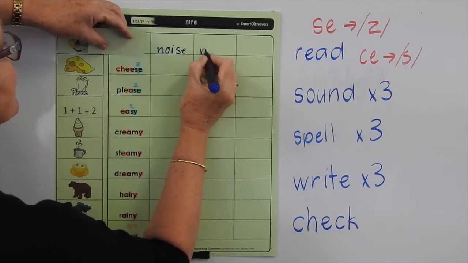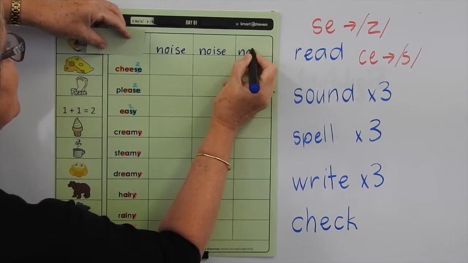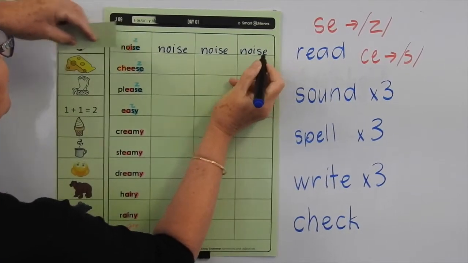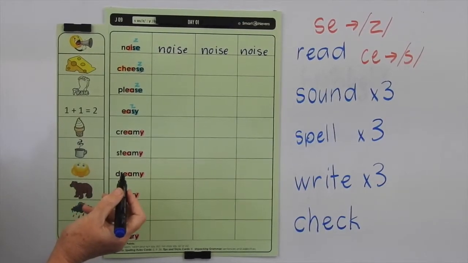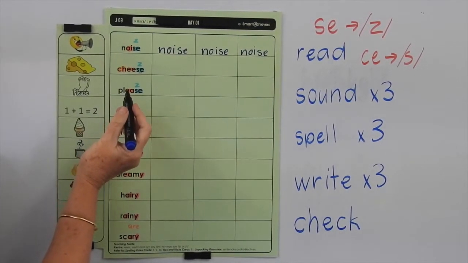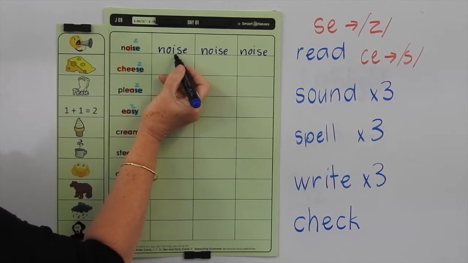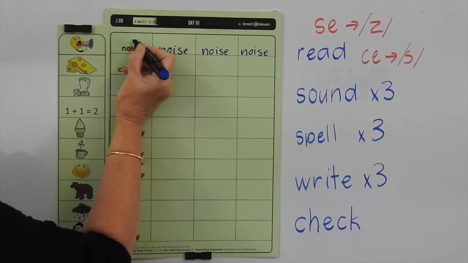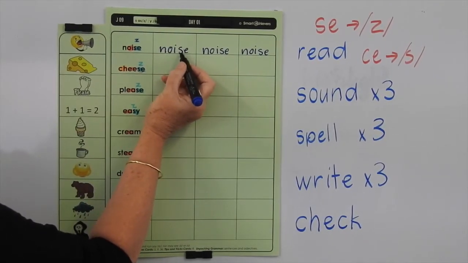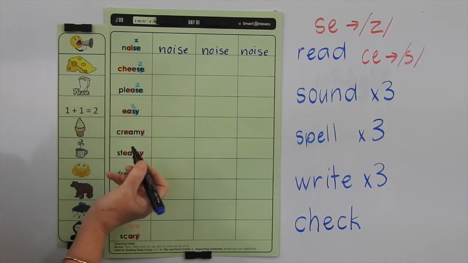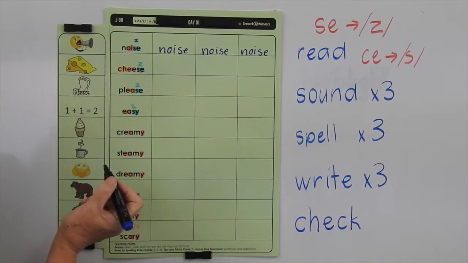Now, as I've been saying, it's very important that you sound these words and then you search in your brain for the letters that make that sound in this particular word. So we could have O-Y or O-I, we're choosing the O-I, and rather than writing the letter Z for the Z sound at the end of these words, we're identifying that it's SE that we're using. And we quite often use SE at the end of a word for the Z sound.